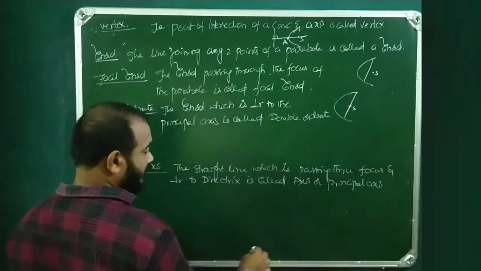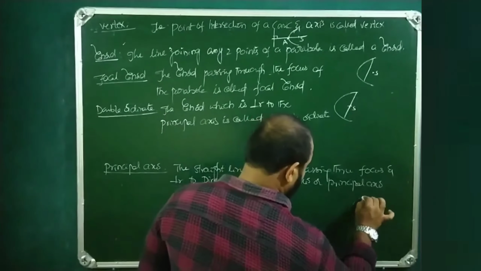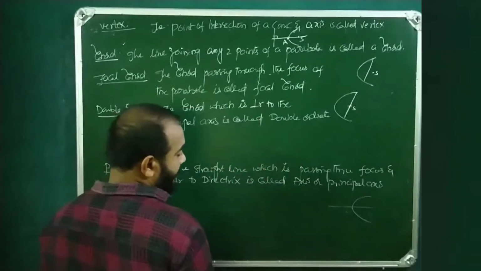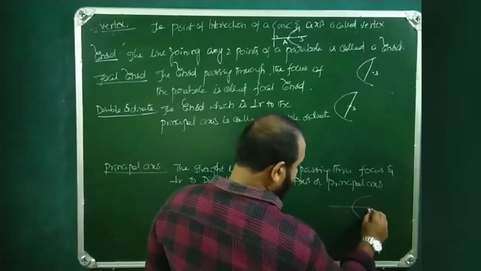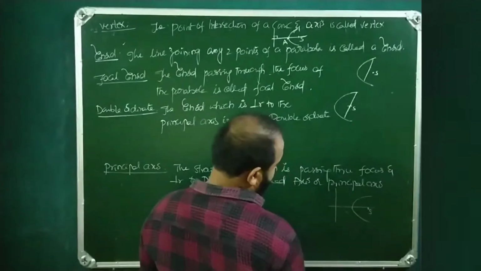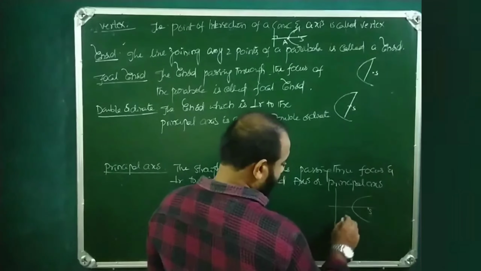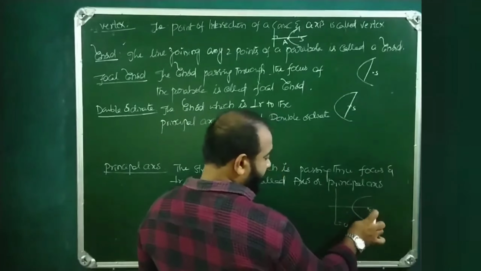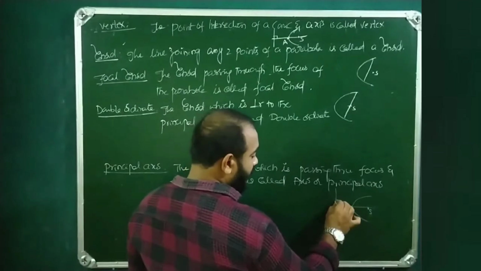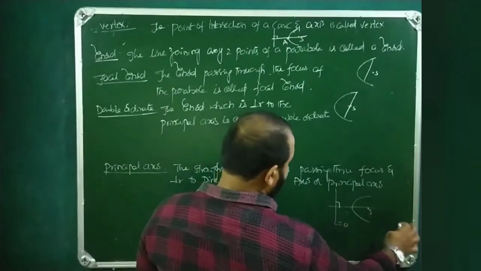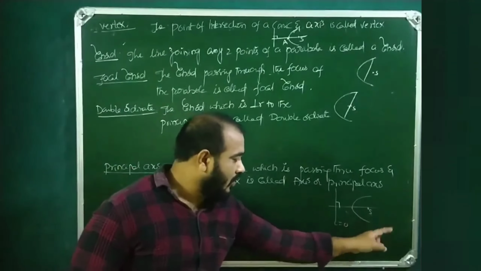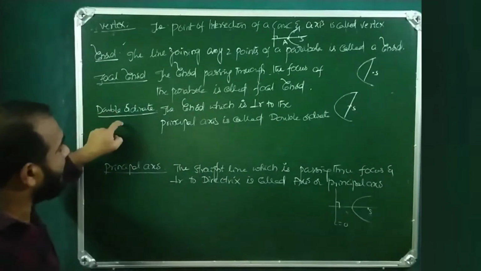That means if you have a parabola like this, this is the fixed point and this is the fixed line, L equals 0. The straight line passing through the focus and perpendicular to the directrix is called the principal axis. Now, what is double ordinate?